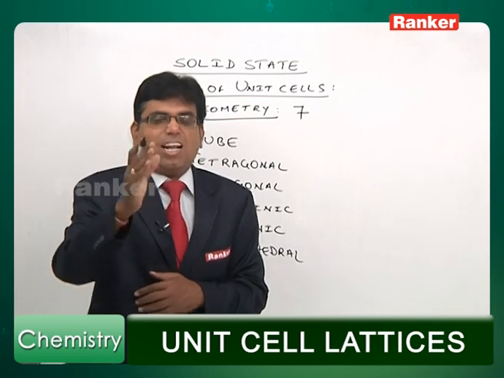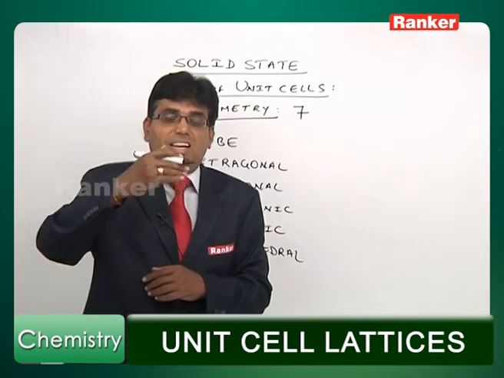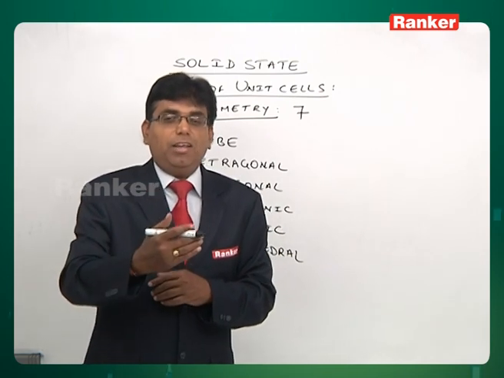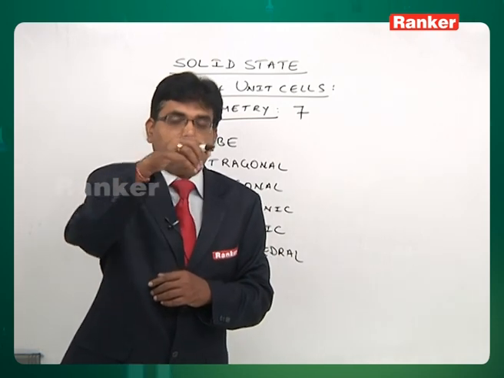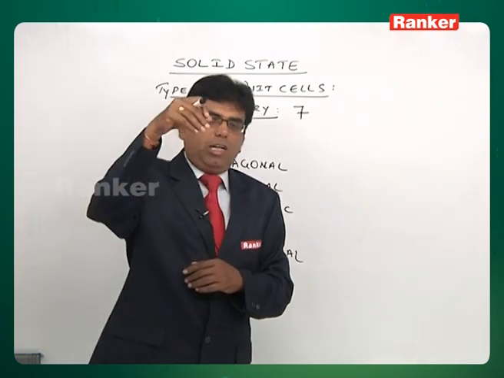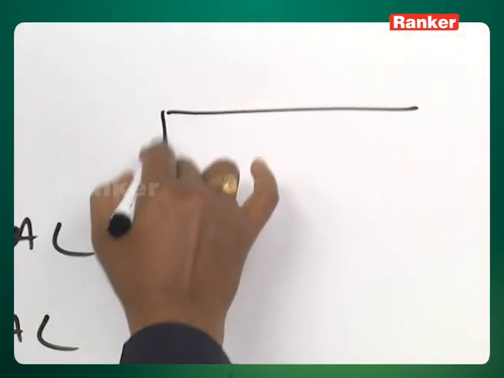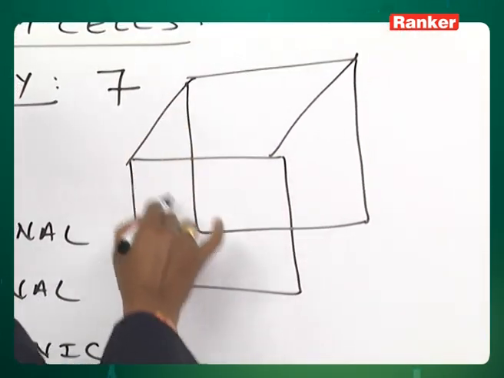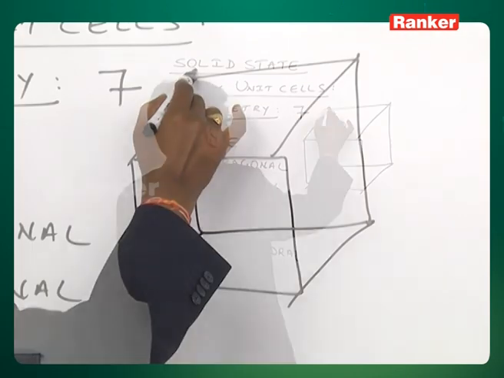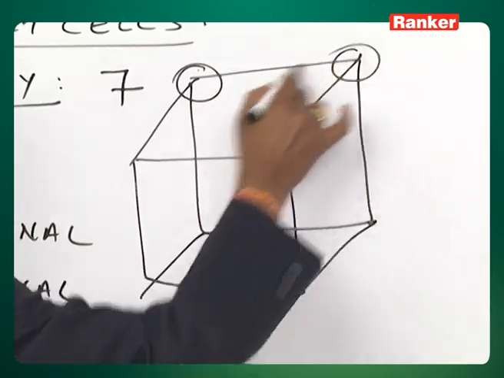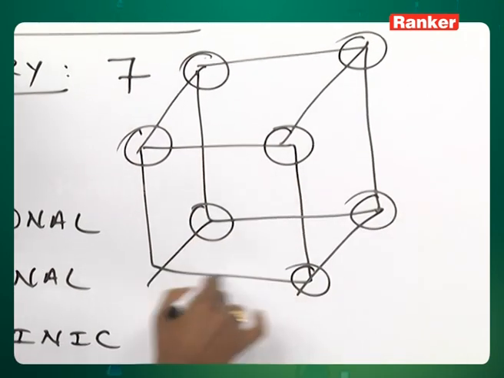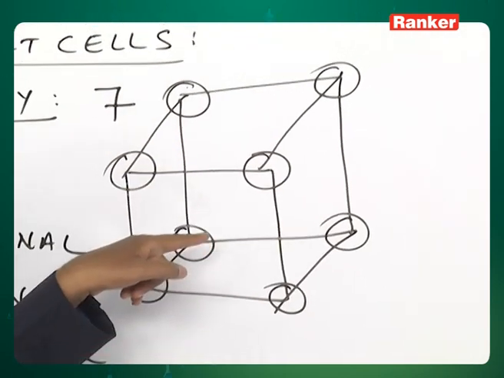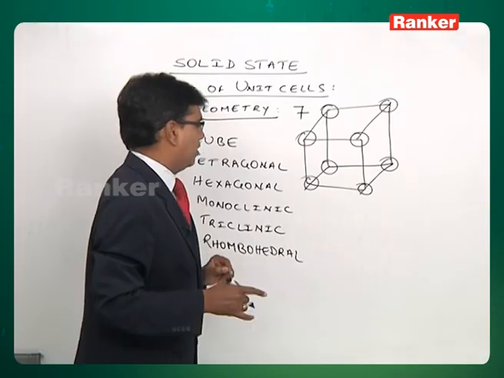Again, in each type of this geometry, based on the difference in the position of the atoms or ions or molecules, that is particles, at what position, like for example in a cube, suppose you consider that this is a cube, then whether all the atoms are placed only at the corners of a cube, if it is so, then we call it a simple or primitive unit cell.